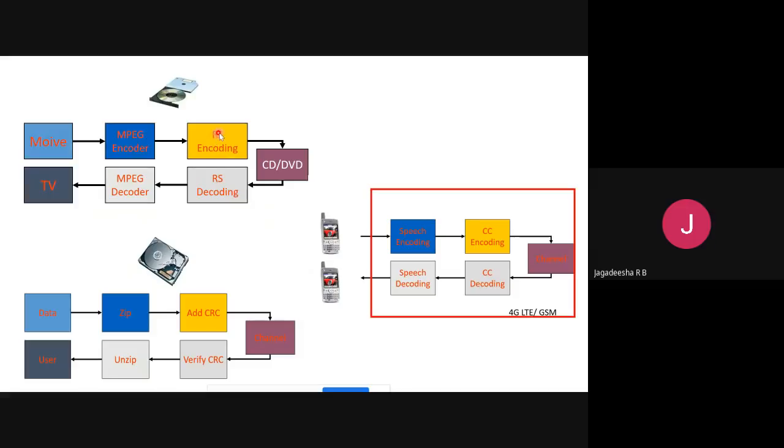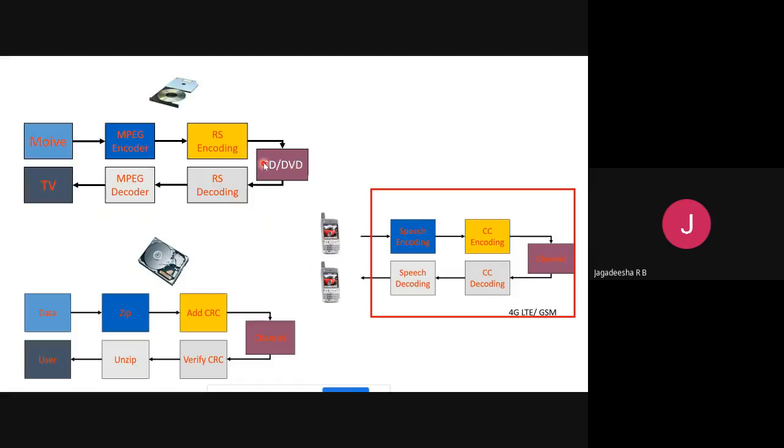This is a special type of encoding, Reed-Solomon encoding. We will see that as a part of the channel encoding scheme. And then what is here? A CD or DVD where the data is stored. Now we are not dealing with transmission here because these devices are used to store the data.